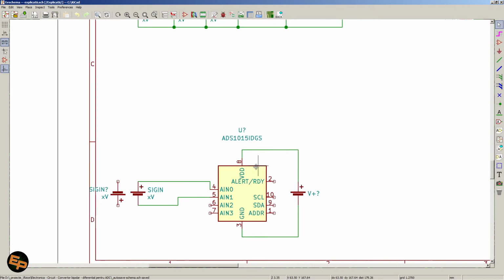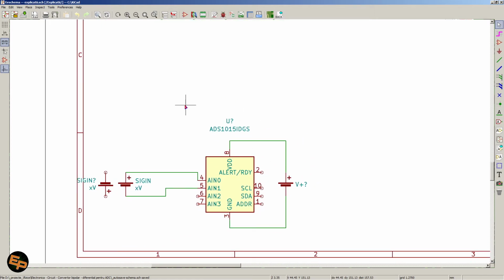However, it is very, very tempting to think that we can and that we should simply apply those voltages to those two inputs that make a pair, okay, like in this circuit, and that everything's fine.